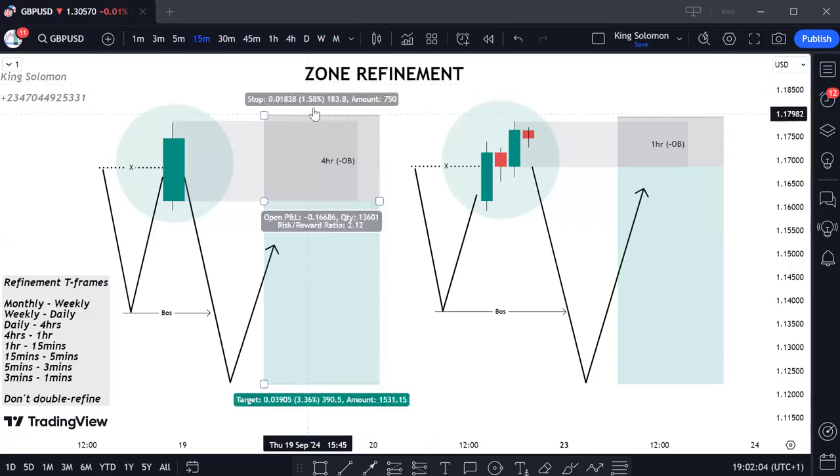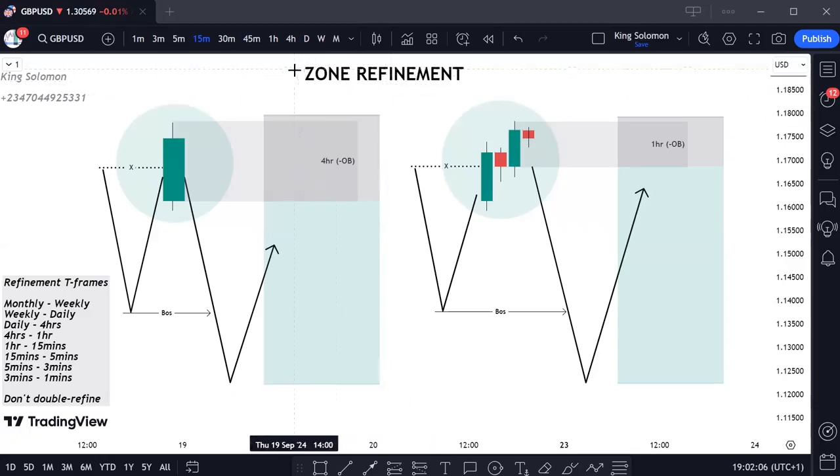I'm sure that most of you have studied zone refinement before, and maybe there are some of you that don't refine your zones. But let's just see what it's all about. Zone refinement, I would say, is taking your zones from a much lower time frame compared to the main time frame you analyzed on, right?